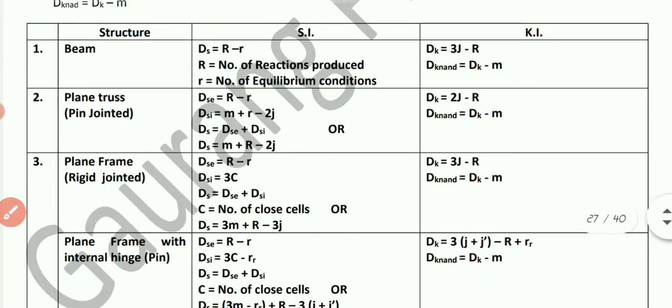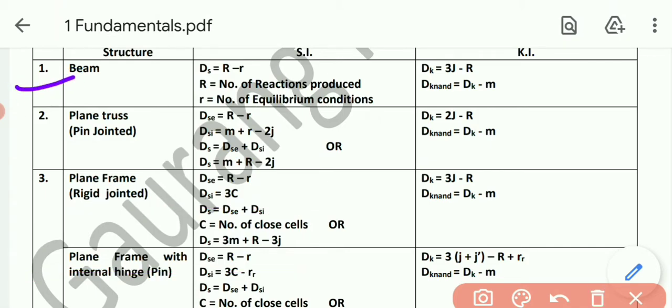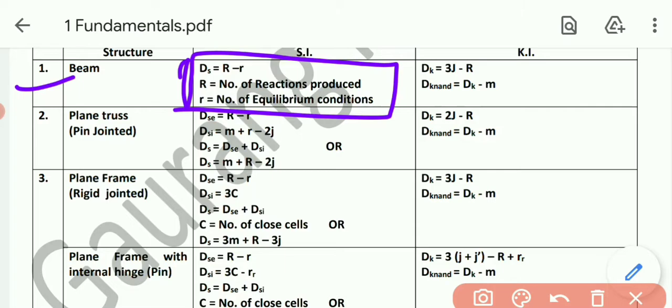Over here I have given the table regarding SI and KI of each and every case. For example, if you are solving a beam, then SI's formula will be ds equals capital R minus small r, where capital R is the number of reaction components and small r is the number of equilibrium conditions, while KI's formula will be dk equals 3j minus r, and dk naught is dk minus m.